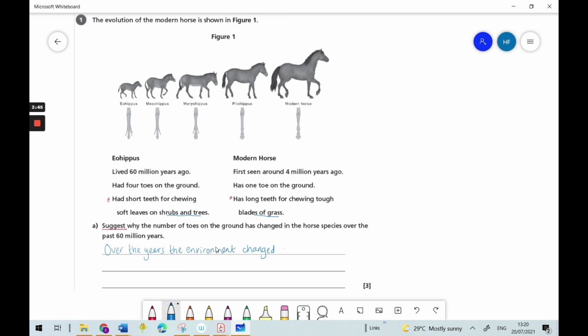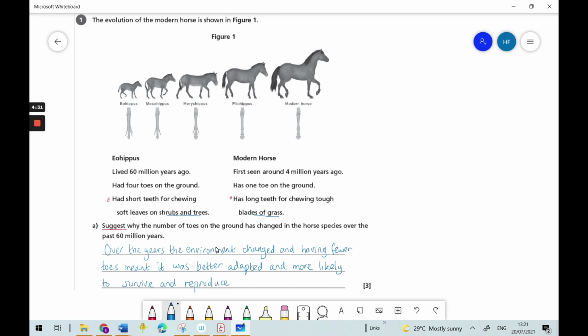Okay, and having fewer toes meant it was better adapted and more likely to survive and reproduce.